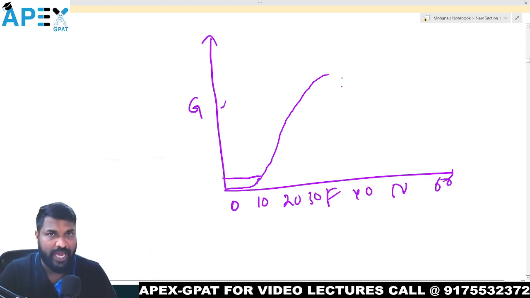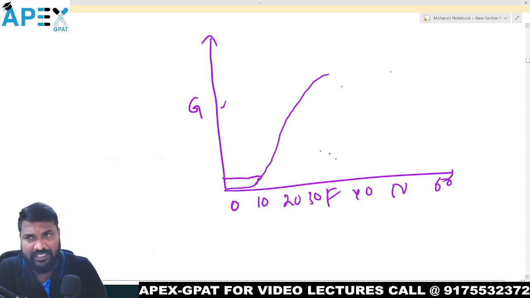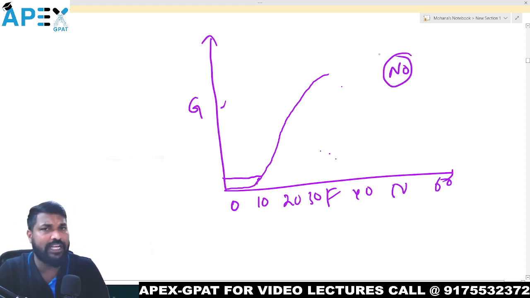Okay? Can you tell me, in this system, do we have any type of yield value? Do we require any yield value? The answer is no. Yield value is not required here, because at the first shear stress itself it is showing the flow.